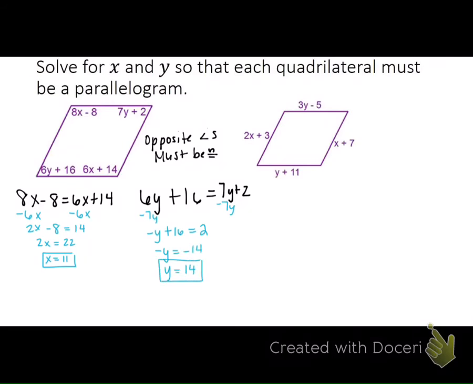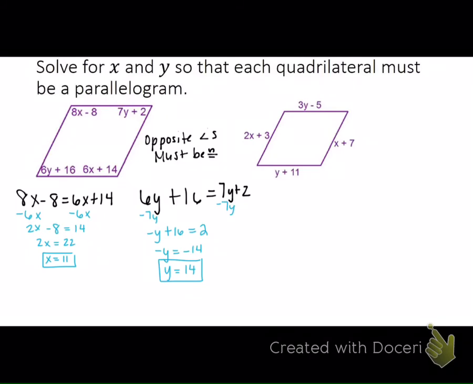Okay, so questions on the first one to show that that one is a parallelogram. Finish the word. So what do we need to know then, Austin, for number 2 for that to be a parallelogram?